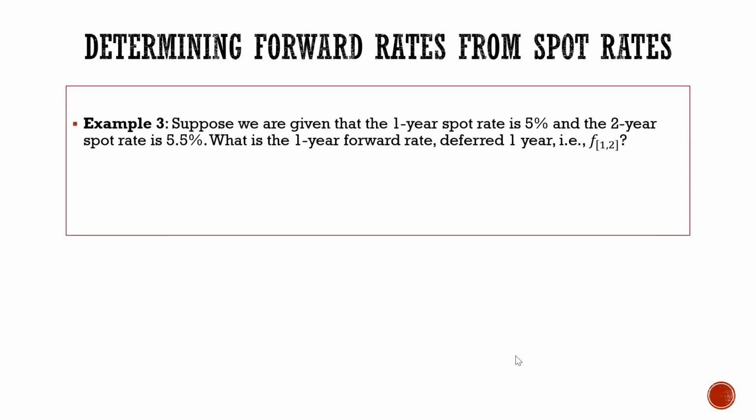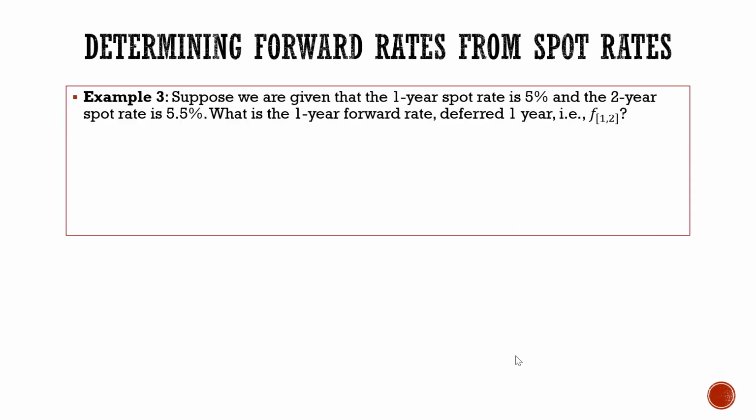Here is an example. Suppose we are given that the 1-year spot rate is 5% and the 2-year spot rate is 5.5%. What is the 1-year forward rate for 1 year from now? So the question is asking about F_{1,2}. Using the 1-year spot rate of 5%, suppose we invest $1 at time 0. At time 1, the amount we have is 1.05.